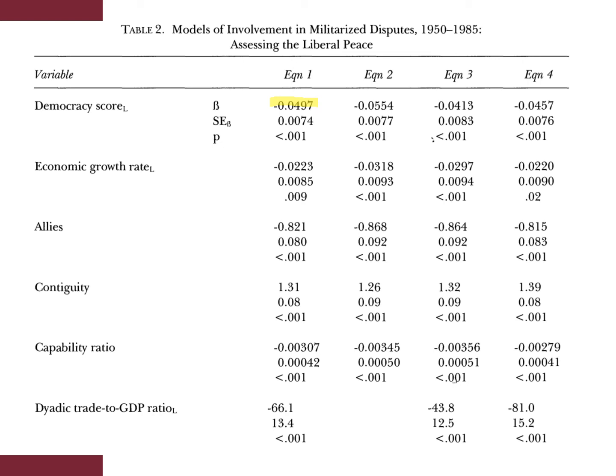It's negative, meaning that a higher democracy score is associated with a lower likelihood of a dispute occurring, right? So that is the predicted direction. Now the question is, what wipes out that?